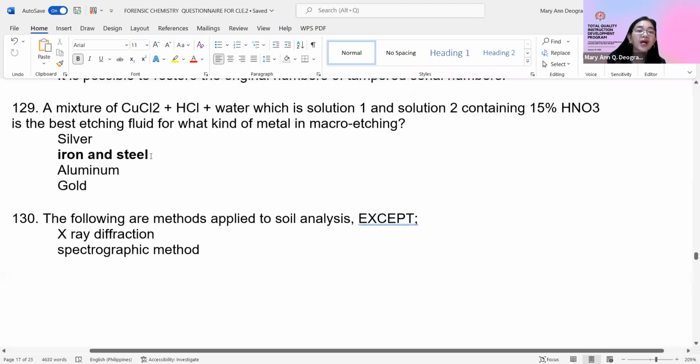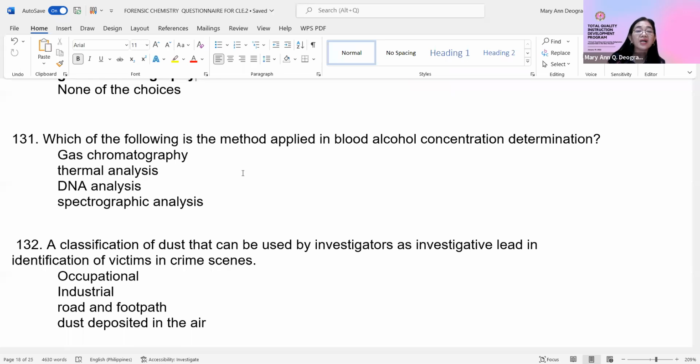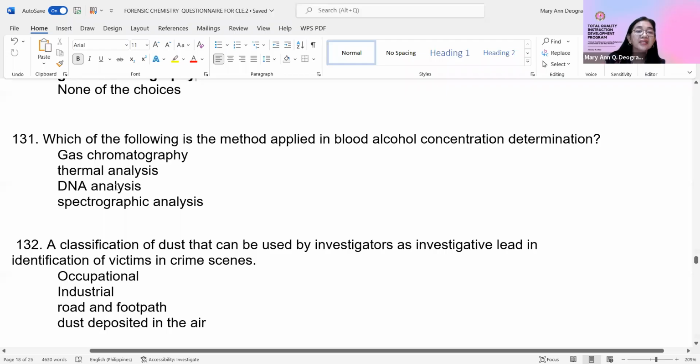All right, which of the following is the best method applied in blood alcohol concentration determination? Is it gas chromatography, thermal, DNA, spectrographic analysis? Alcohol concentration. Can we apply DNA analysis? Hindi. Okay? So, ang DNA analysis, pag blood, it's the origin of blood.